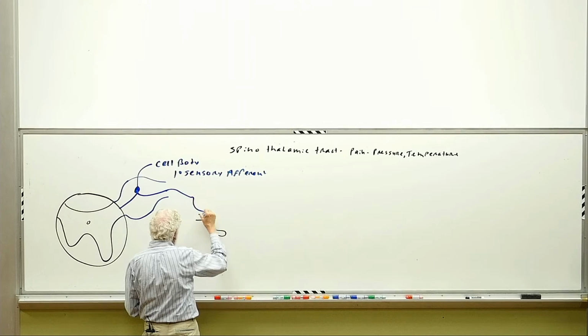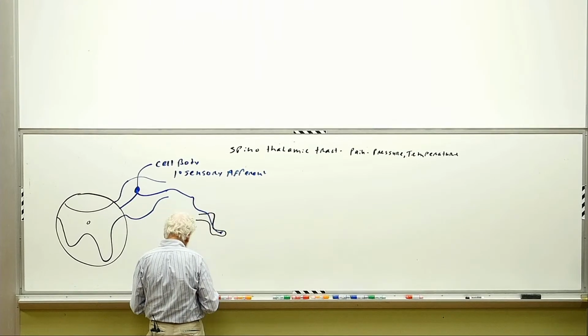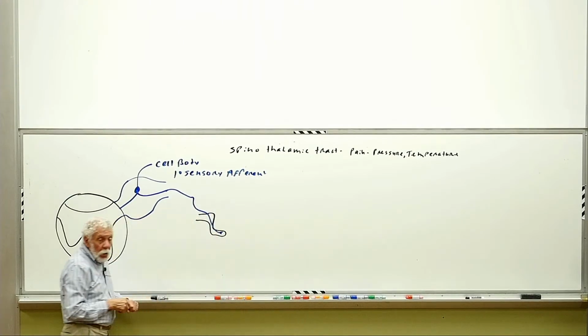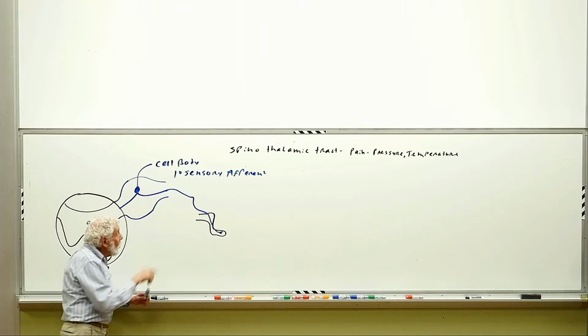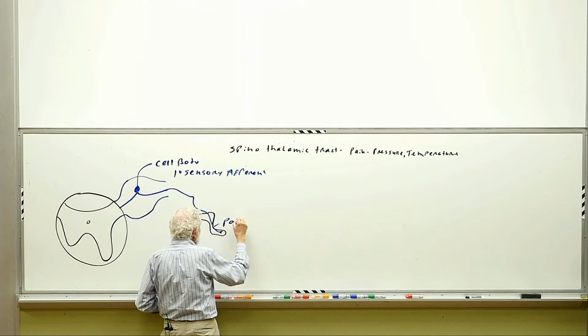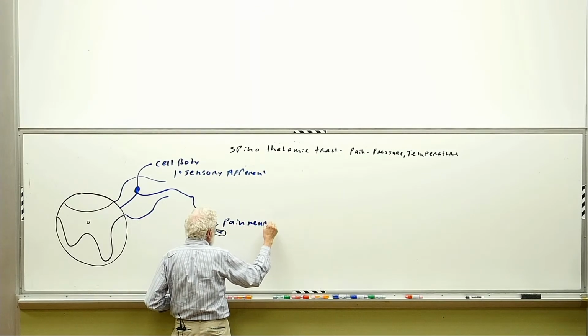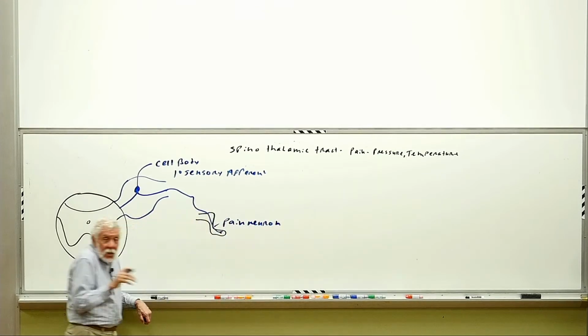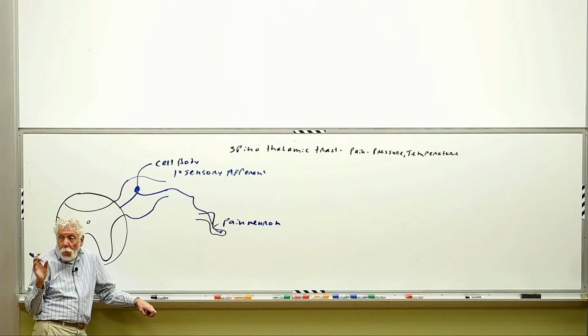So if we follow it out, it's your input in your big toe. And we're going to say that this is a pain neuron. We could equally say it's a neuron sensitive to temperature, cold or heat, or a neuron sensitive to pressure.